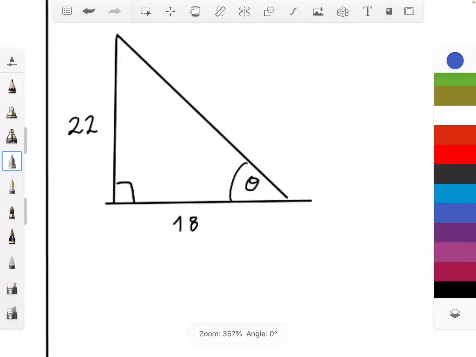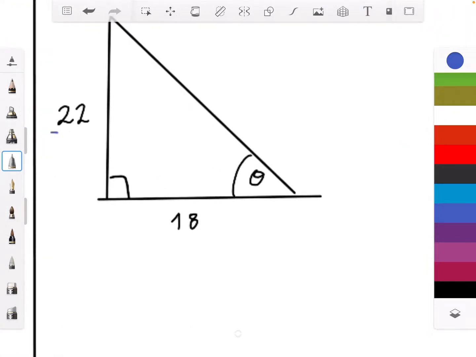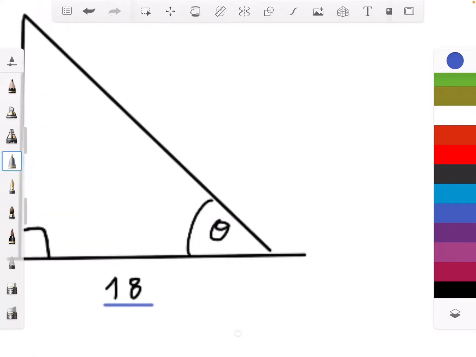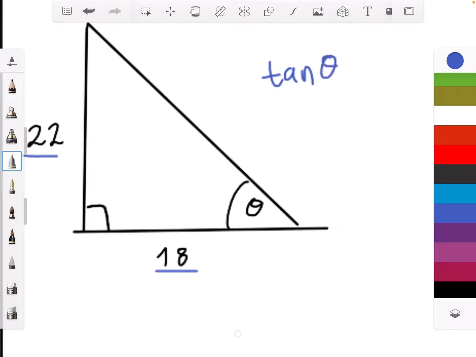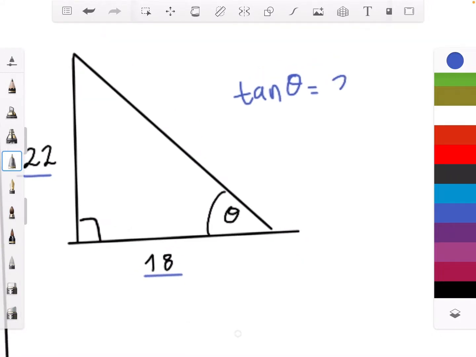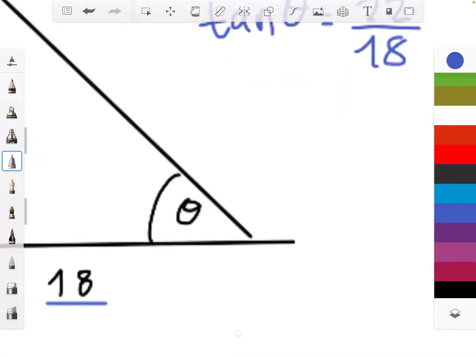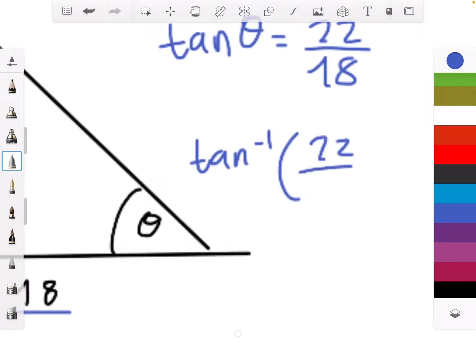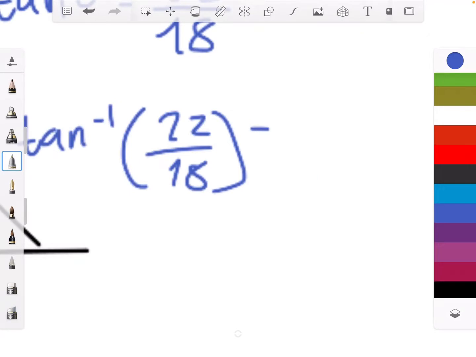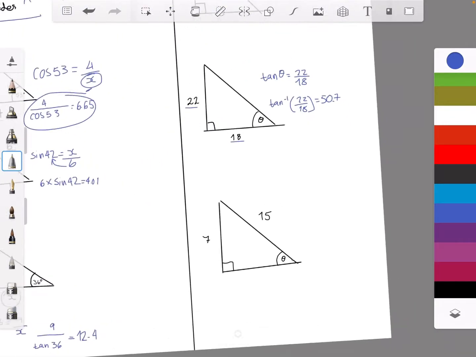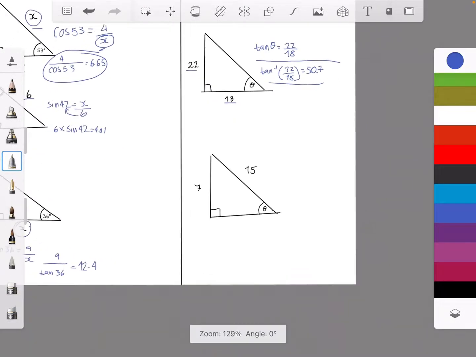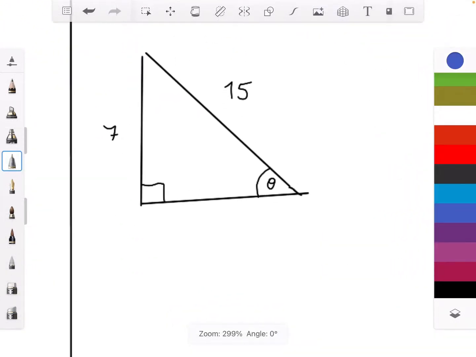This question, you are given opposite and adjacent, so you're using tan. Tan theta is equal to 22 over 18. So again, in your calculator, you have to put tan inverse 22 over 18. Your answer will be 50.7. Okay, last question.